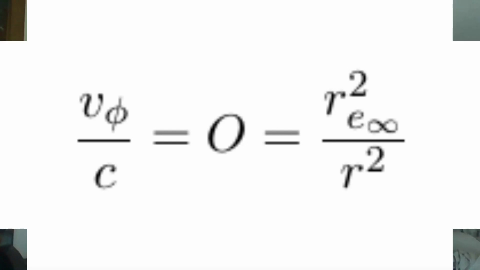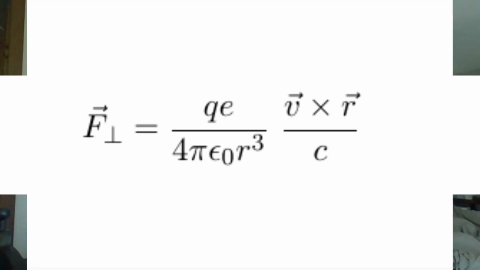That's the reference radius of the electron divided by the distance squared. It's equal to the order, which is the velocity of rotation divided by c. So you get this. Now this you can of course use to calculate the transverse force, which is pushing this electron up or down. And you have this expression here.